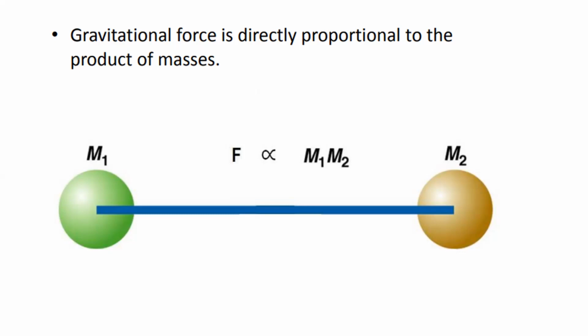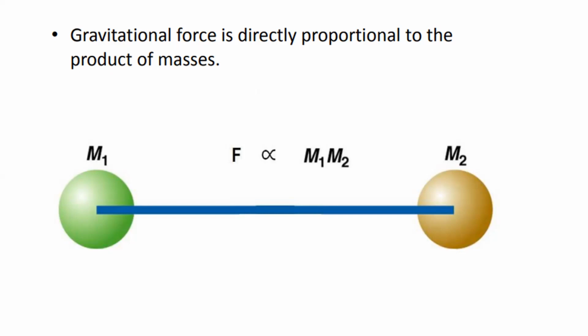But when you lose some weight, you move like a butterfly, easily. Why? Because your mass is less than before, and since the force depends on the mass, the gravitational force will be less. Yes, okay, teacher, thank you.